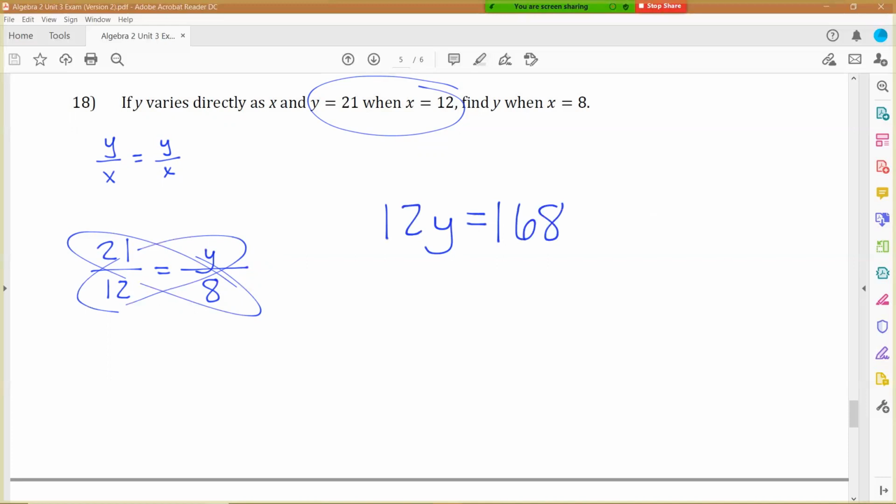So 12 times y is 12y. 8 times 21 is 168. Y equals 14 is the correct answer.